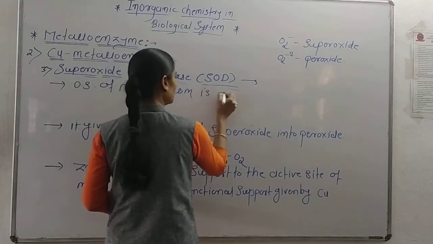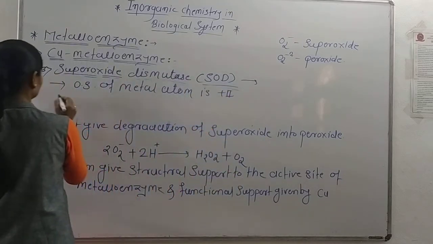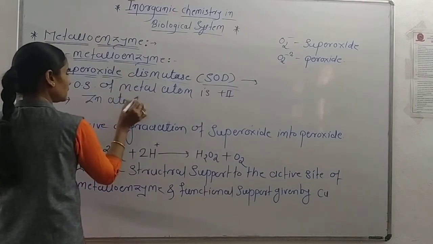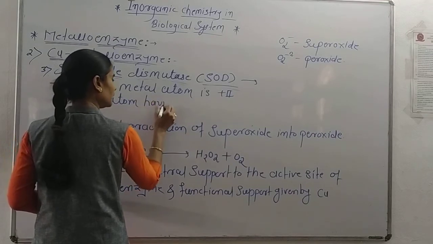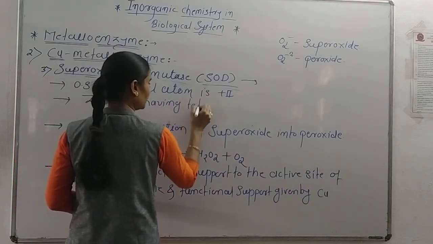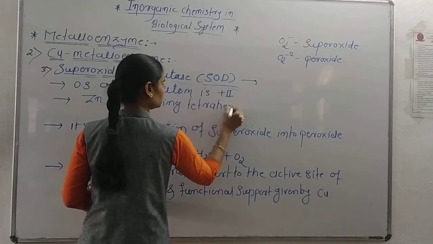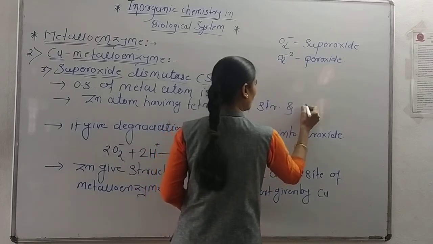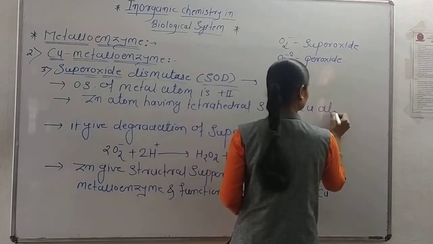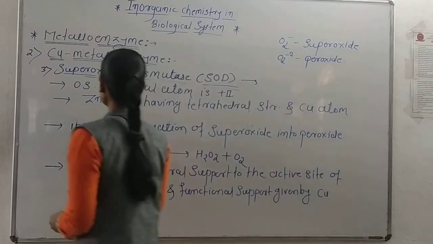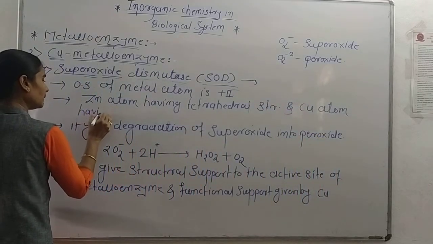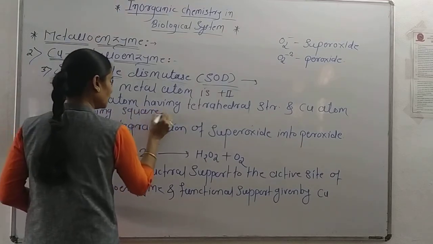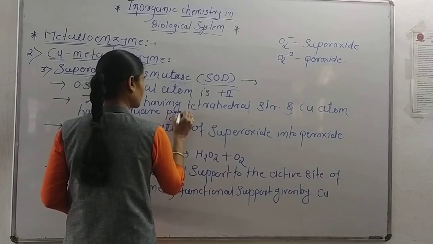Zinc atom has a tetrahedral structure, and copper atom has a square pyramidal structure.